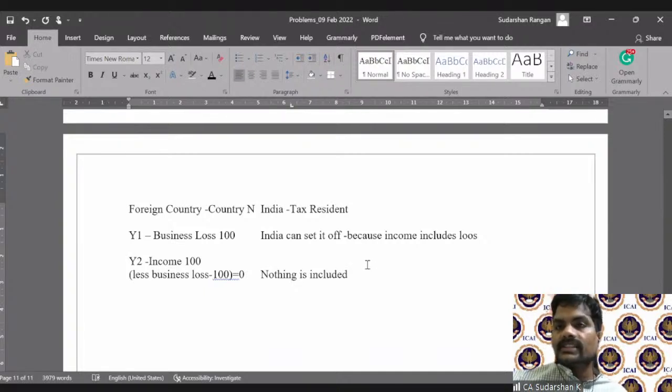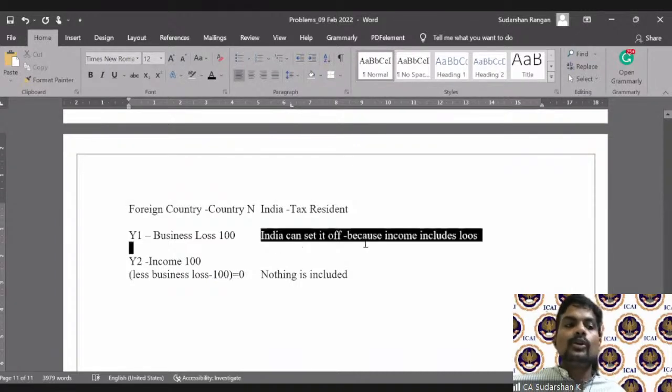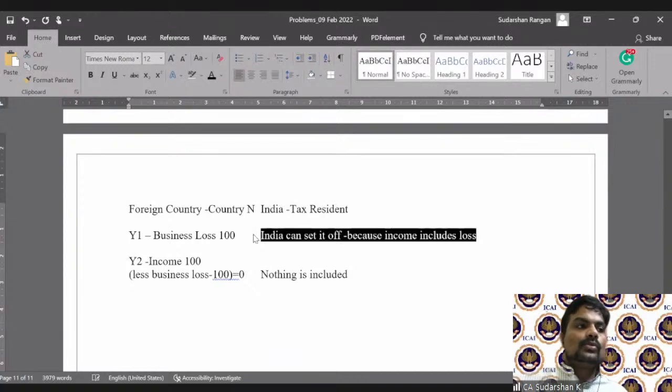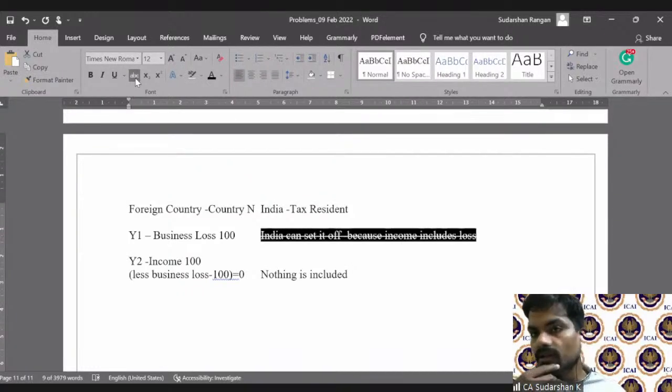That's why the question goes one step further and clarifies that there is no set off. Had the question said set off is possible, then we would not have brought it into the India books at all, because you can use it next year to set off. We would have ignored it.